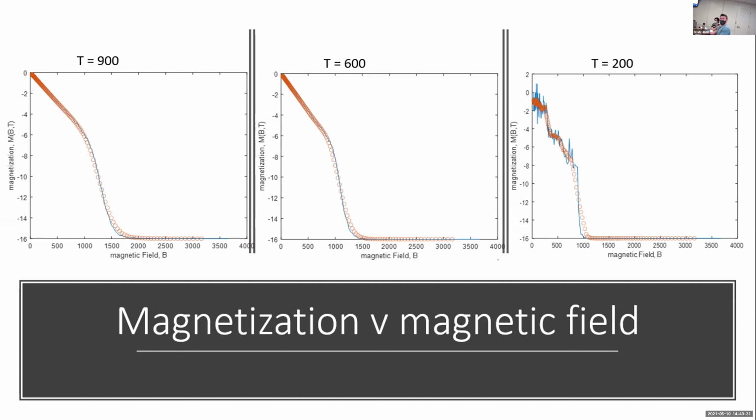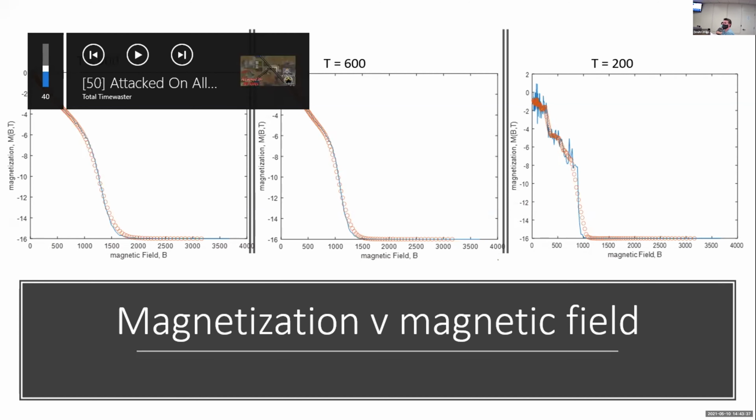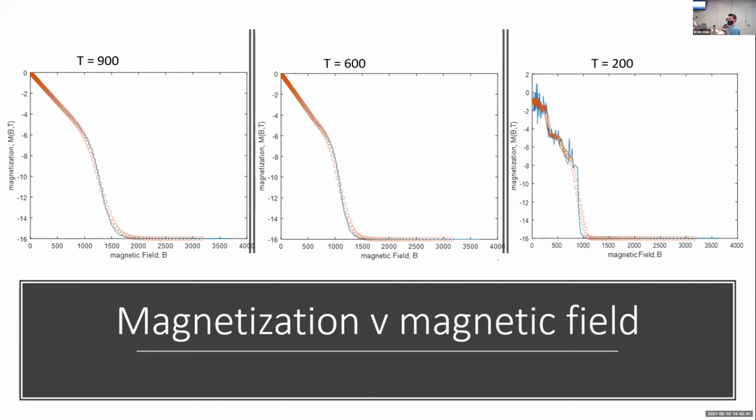So let's keep this problem a little bit. Tyler partially addressed it, but we can keep it partially open to next year's class. You see that for temperature 200, the slope from 0 to, let's say, 300 Kelvin is almost 0, right?